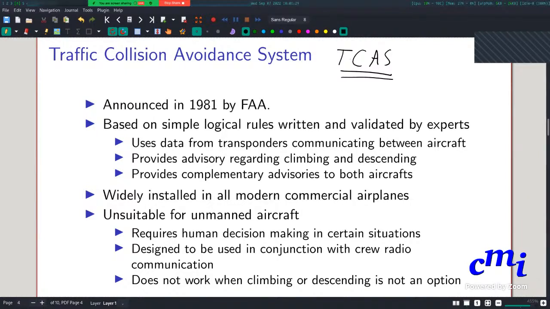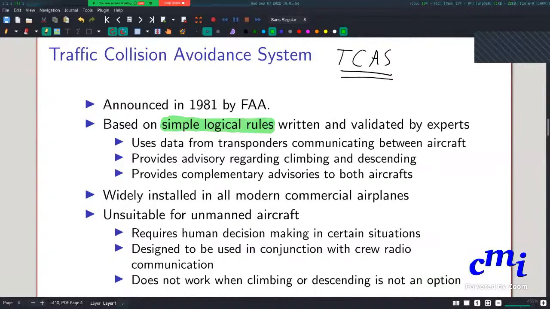So the beginning of development was announced in 1981 by the FAA. It's based on some simple logical rules, so it's not a very complicated system. Rules like, if the plane is approaching at this speed in this situation, then the guidance of the advisory should be this.